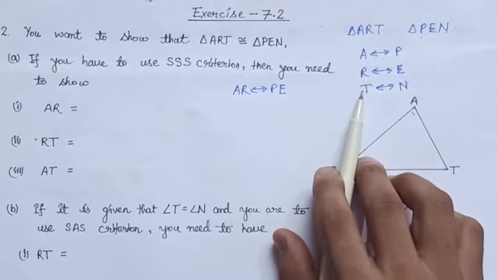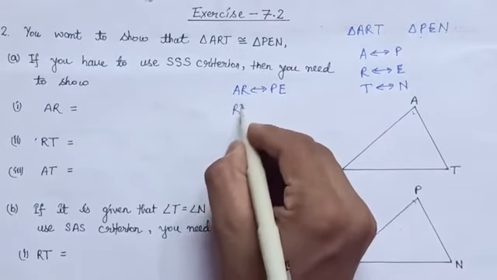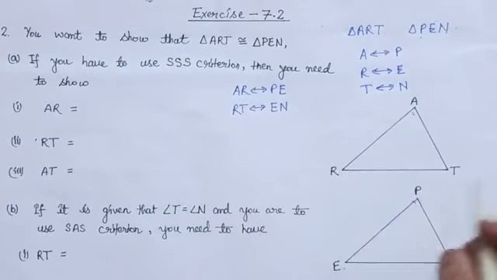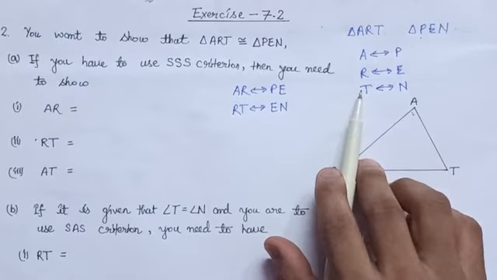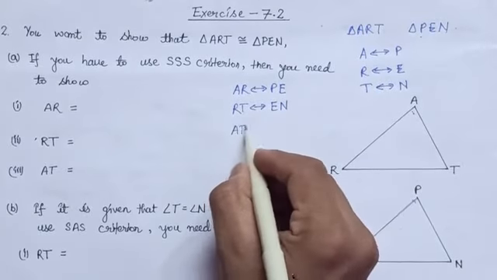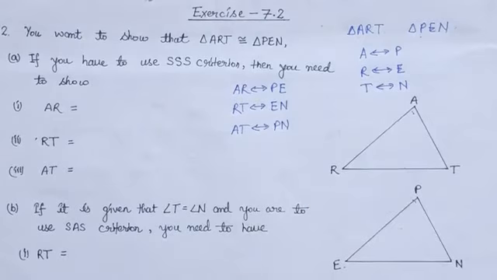Side RT corresponds to the side EN, and the side AT corresponds to the side PN.